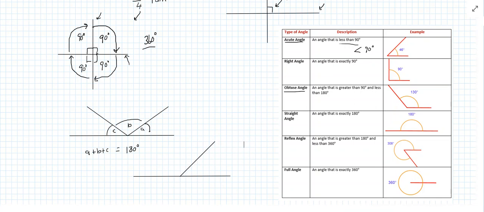Again, we just have two different angles. Imagine this is A, and then this is angle B. What's going to happen here is very similar. A plus B is equal to 180 degrees.